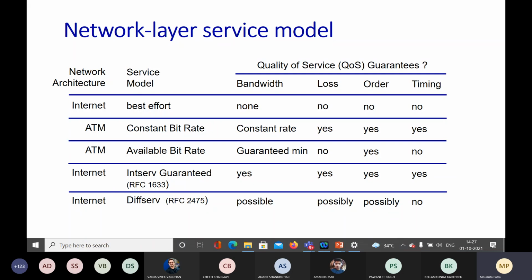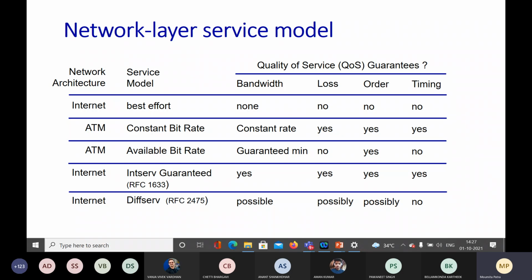If you're interested, you can go and check out ATM and the different service models that it provides: constant bit rate and available bit rate. These are nothing but CBR and ABR. They describe how much data rate is being provided for transferring the data.